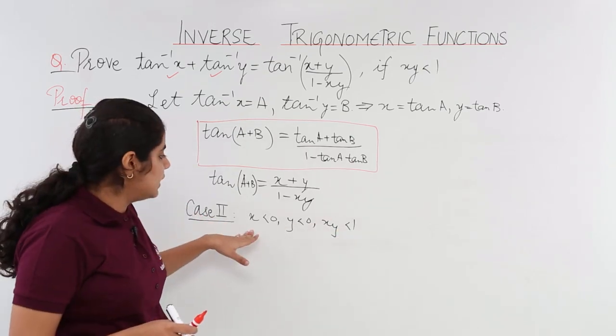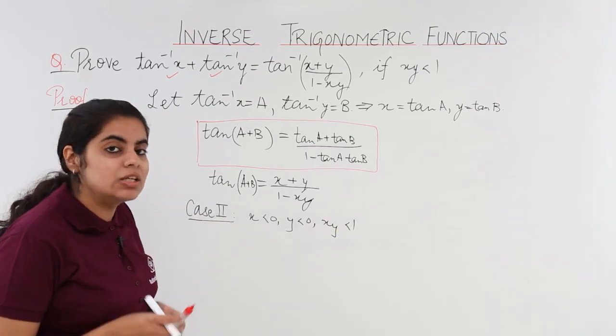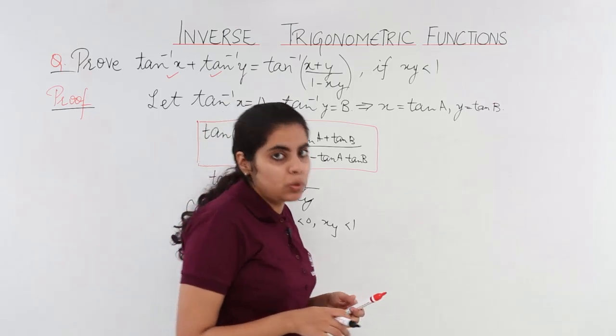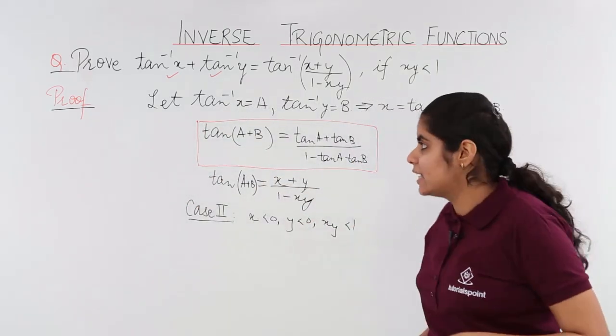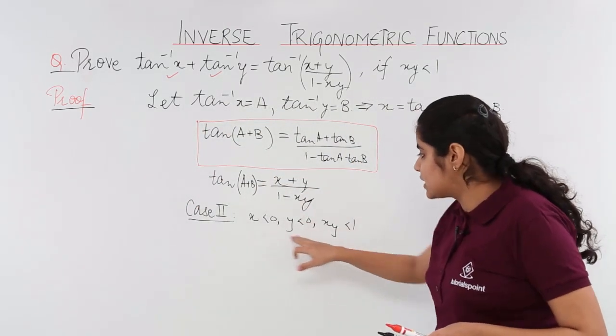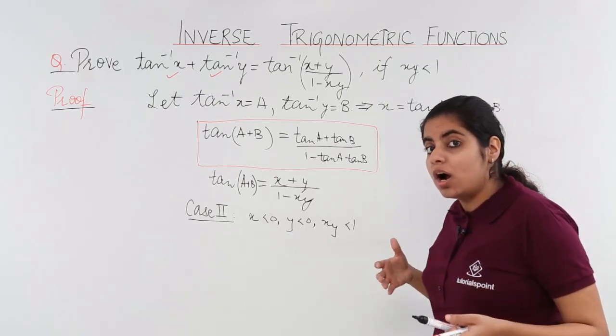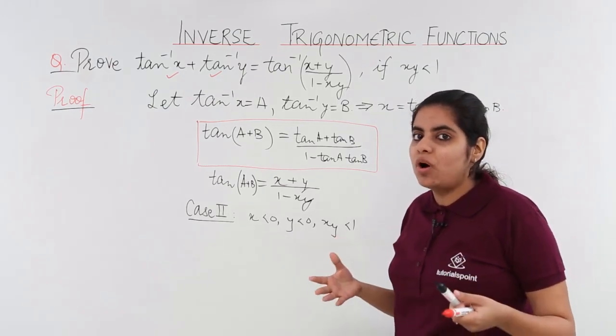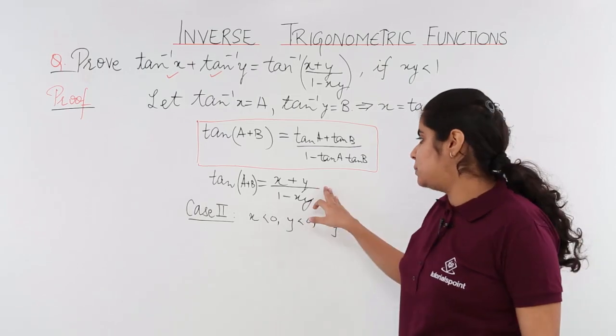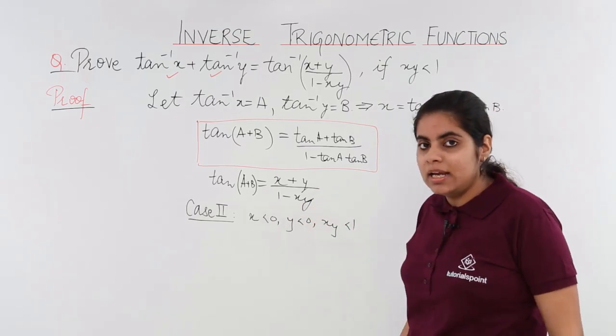So, now let us get started. X is less than 0, y is less than 0, xy less than 1, not less than 0. If these conditions are given in front of me, what is the scenario and what is the position of x plus y upon 1 minus xy?